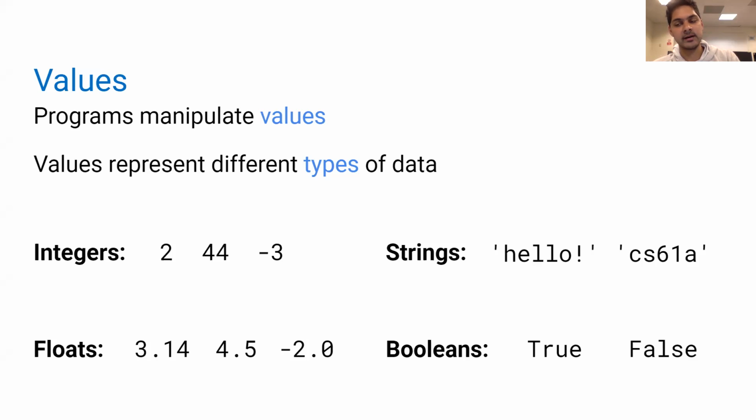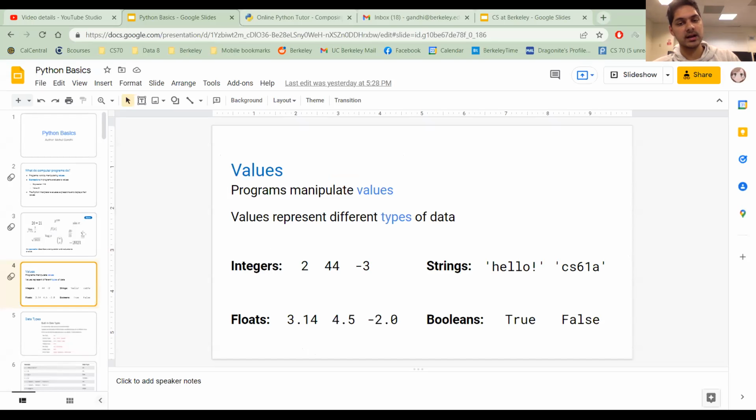A fun fact about booleans is that true is the same as 1 and false is the same as 0. We also have falsy values in Python: the empty list, the empty dictionary, 0, the empty string.